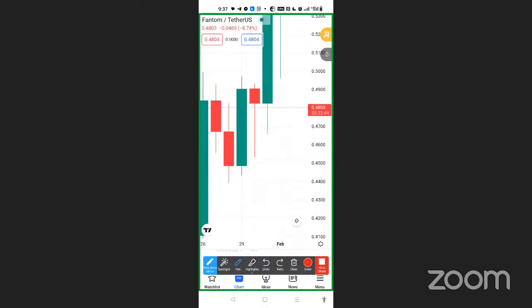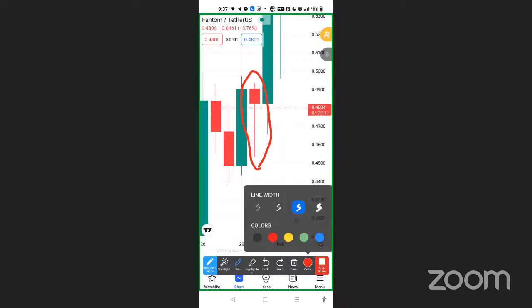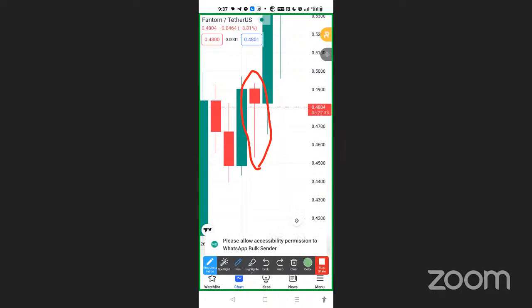Now, if you look at this candle specifically that I want to focus on, if this candle started from here, then it moved down up to here.